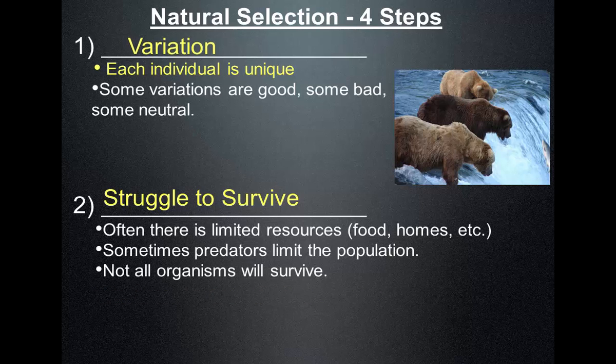Which ones do? In a population with variation and a struggle for survival, which individuals in that population of squirrels are going to best be able to survive? Roger? The ones who are better adapted. What does that mean, better adapted? Vinny?